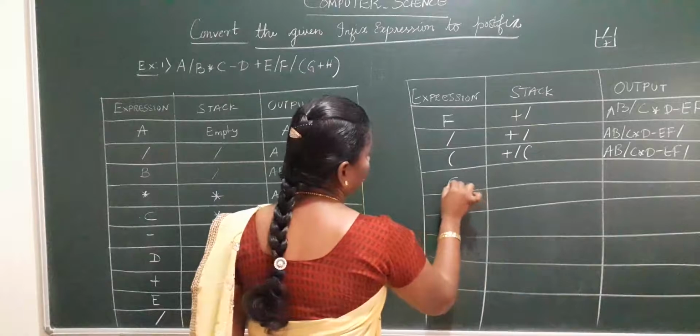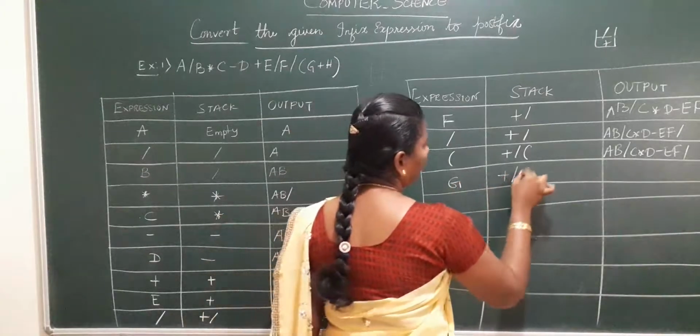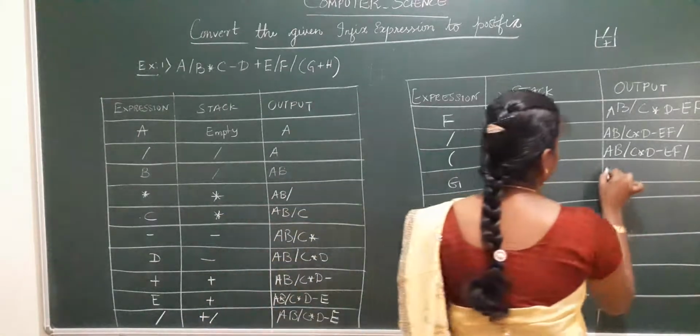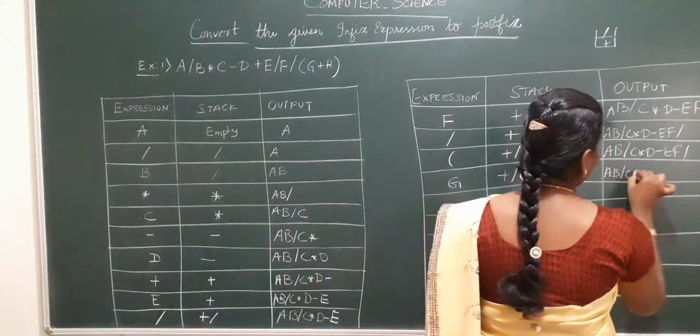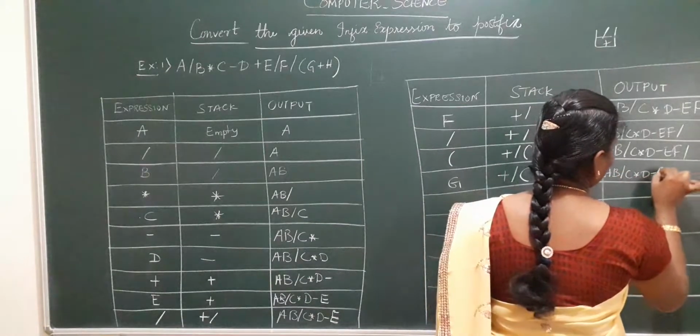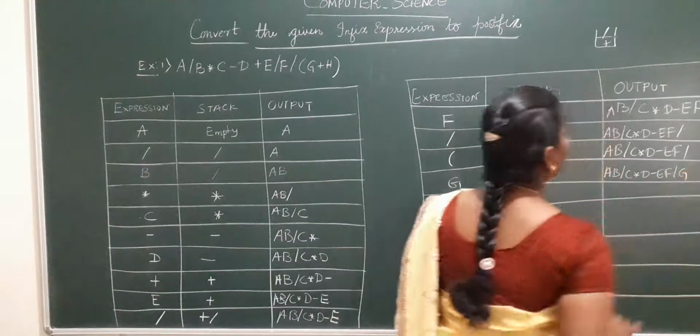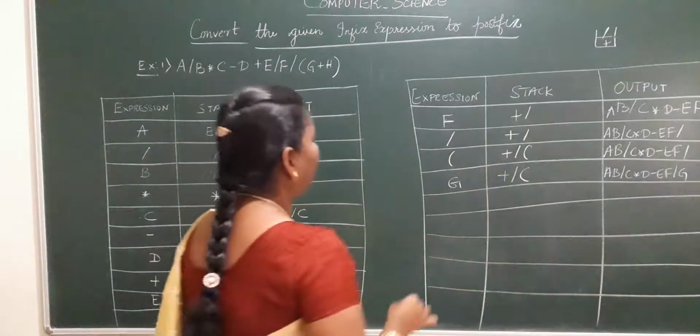Next I have G. So G is an operand. It has to go to your output. Okay. Next we have plus.